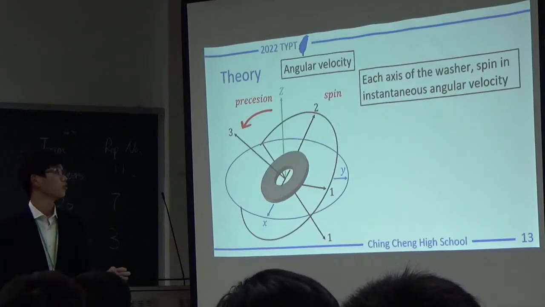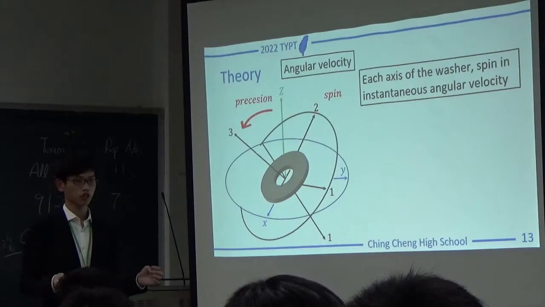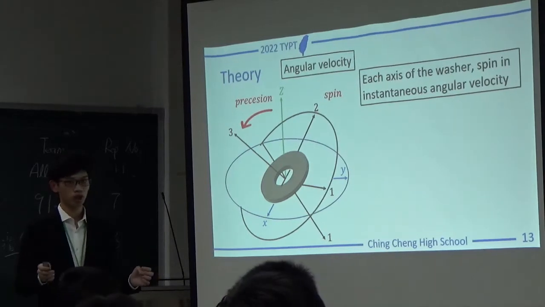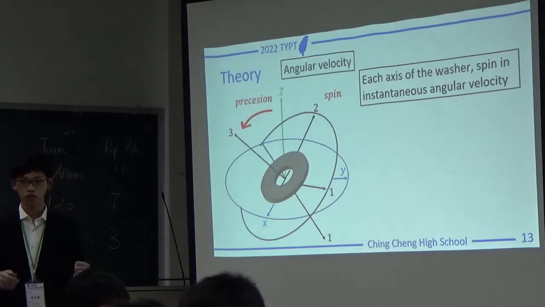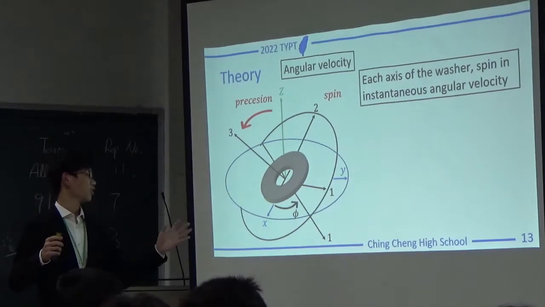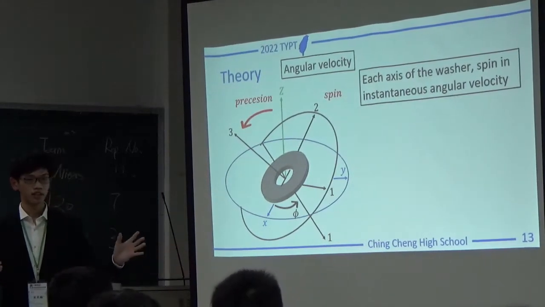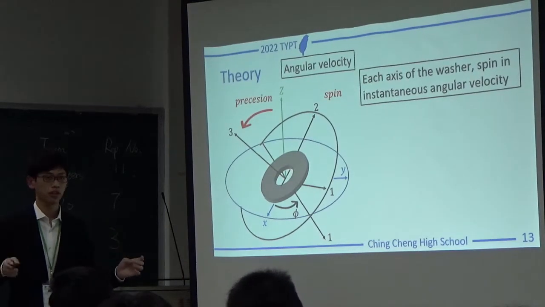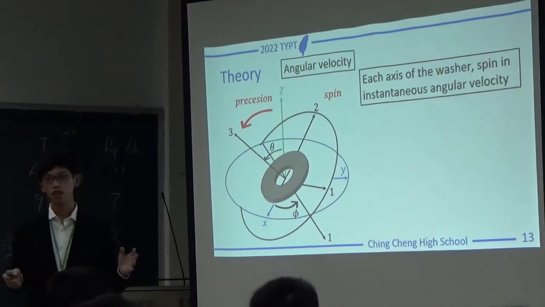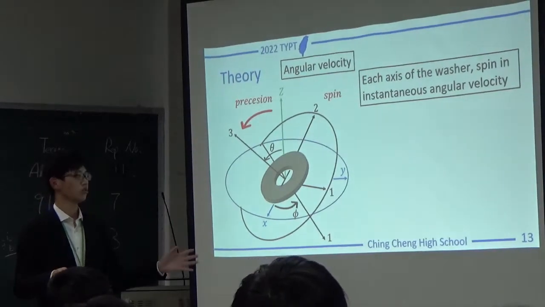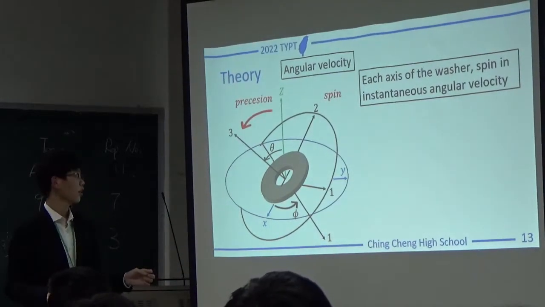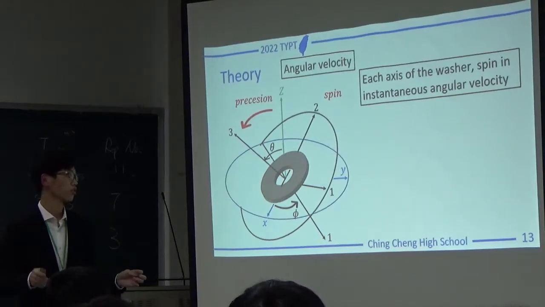Here we will use spherical coordinates to describe the motion, and also a system called Euler angles. Phi is the angle of the original spinning motion. Theta is the inclination angle of the washer, and it is the angle relative to the z-axis, and axis 3 includes the angle.